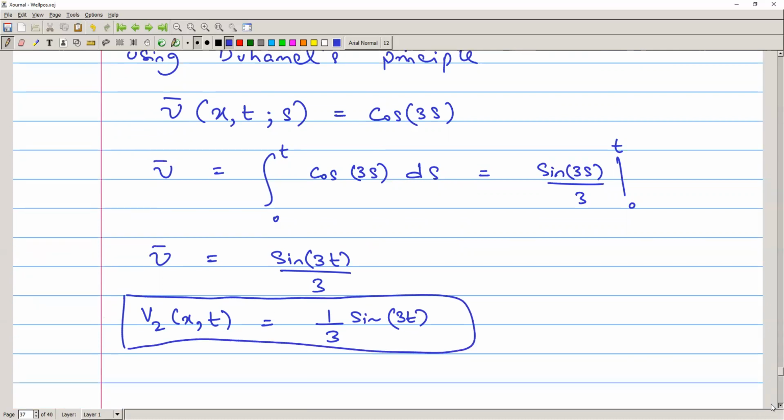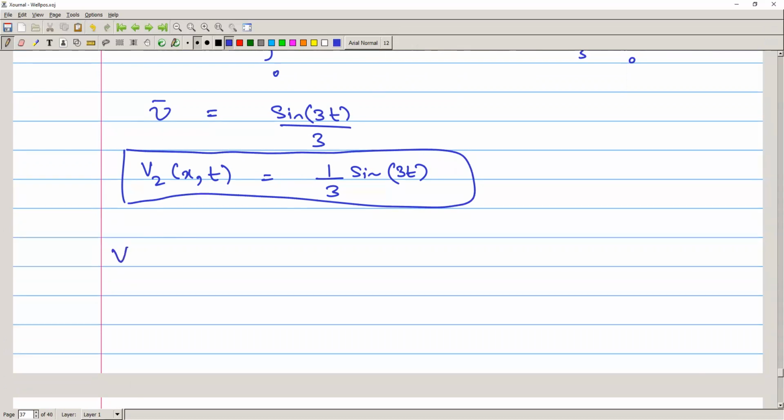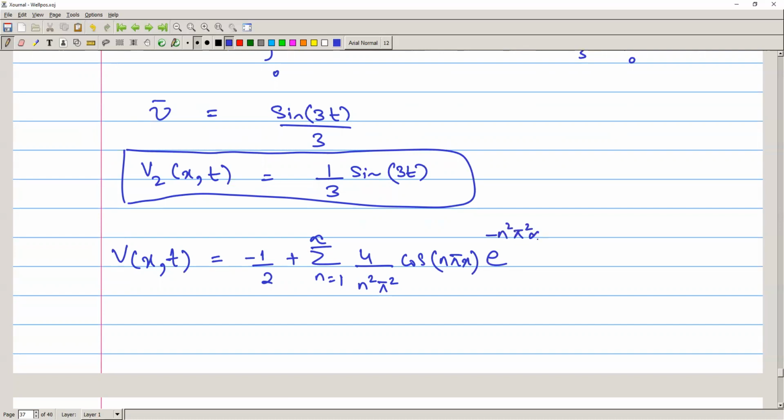Now we are done with v1 and v2. So v of x comma t is equal to v1, that is negative 1/2 plus the summation n equals 1 to infinity of 4 over n squared pi squared cosine n pi x e to the power negative n squared pi squared alpha squared t, plus 1/3 times sine 3t.